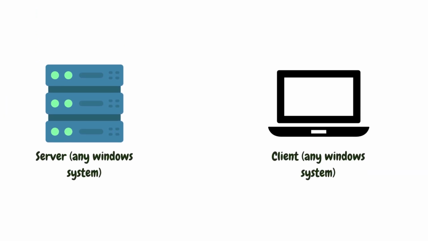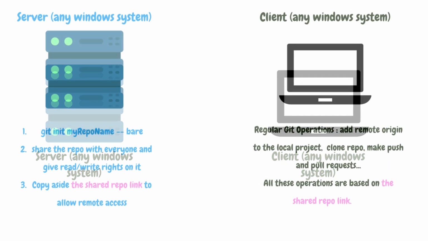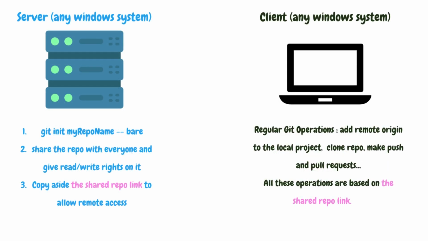Alright, let's go with the picture. Let's put together two machines and consider they both have a Windows system installed on them. Now let's talk about the basic configurations to do. On the server, the first thing to do is use git init repository-name --bare.